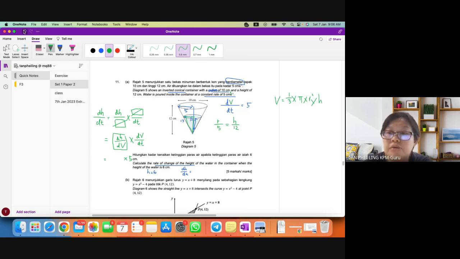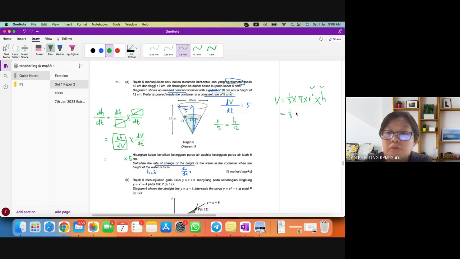So this one should be multiplied times h. Now I have two variables here, r and h. Remember, when we differentiate, we cannot have two variables. We need to make one of them disappear. So the 1 over 3 is fixed.